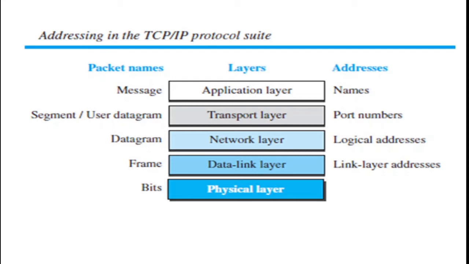Port numbers are the local addresses that distinguish between several programs running at the same time. Once the segments are formed and added with the port numbers as headers, they are sent to the network layer, where they are added with the source and destination logical addresses of the corresponding source and destination devices, and they form the datagrams, also called packets.